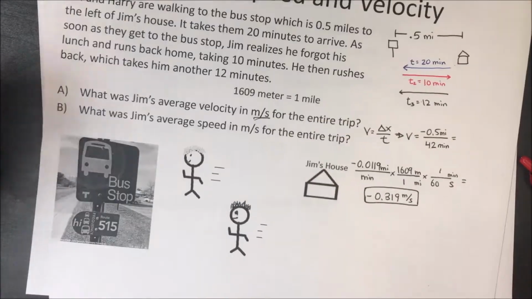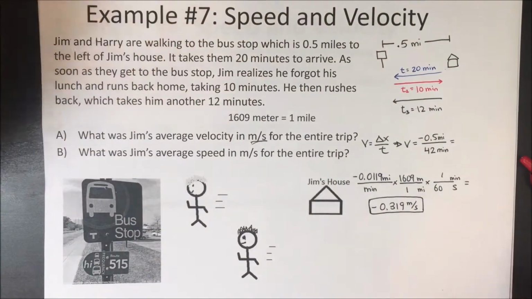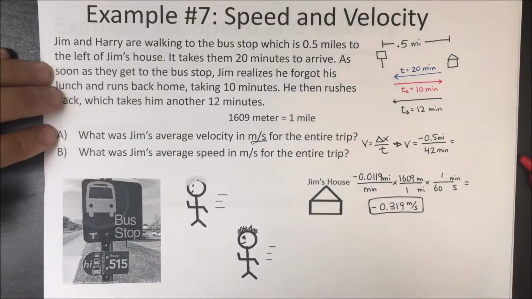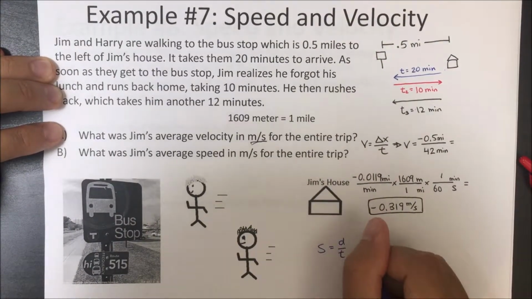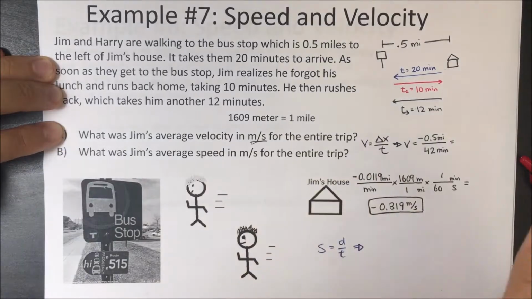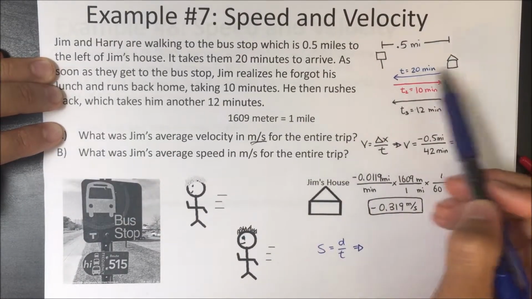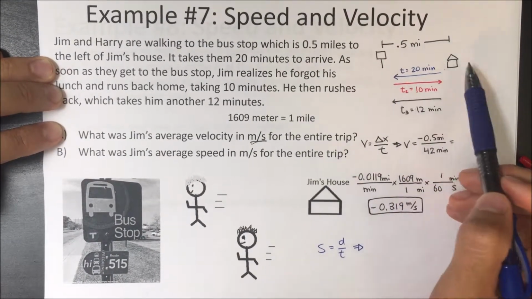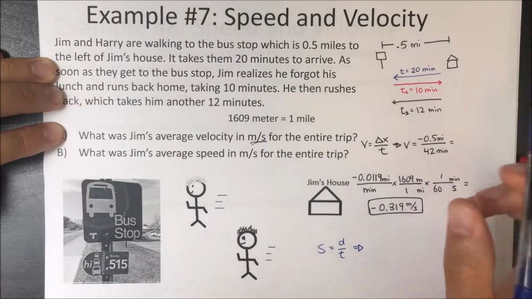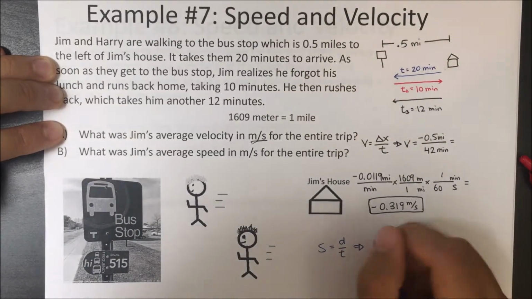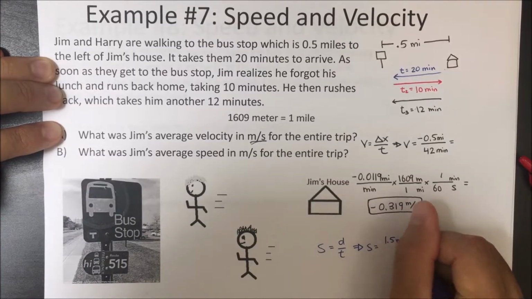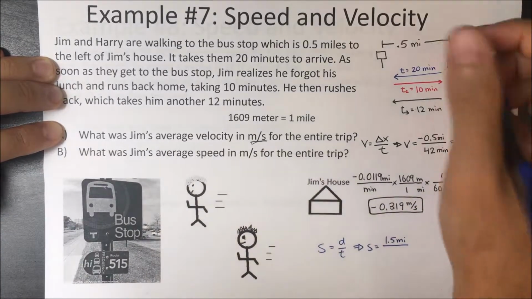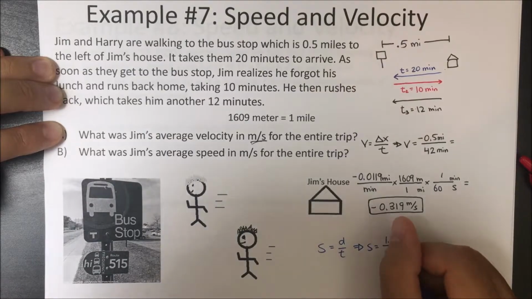And let me do this in another color. What we know is speed is equal to distance over time. And this is a little bit different because the distance that Jim walked wasn't just 0.5 miles. He went 0.5 miles, 0.5 miles, and 0.5 miles. So his distance was 1.5 miles all over 42 minutes.